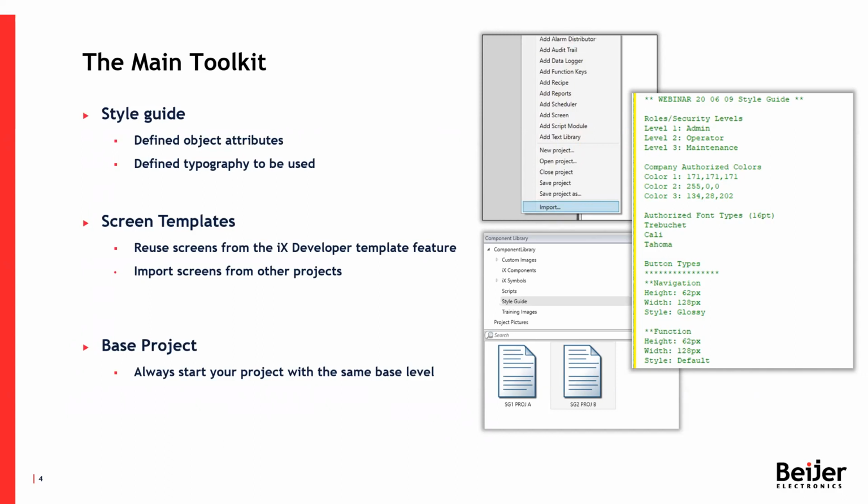This reduces the amount of redundancy. Nobody likes to repeat themselves, right? So this allows you to do so and be more efficient with your time to build out your projects faster. You can always use screens from other projects as well. All right, I'll show you how we can import those screens.